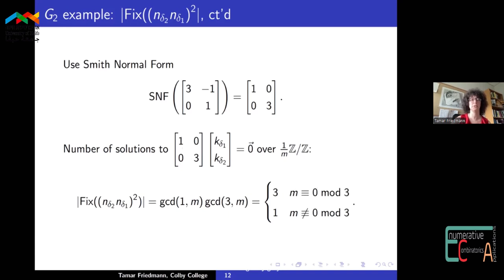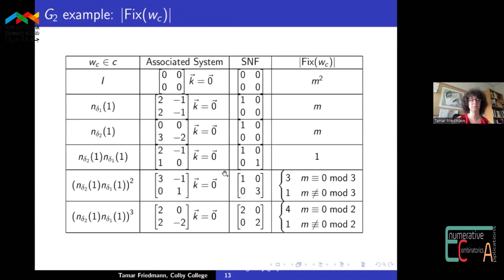So we must do this for every conjugacy class, but there aren't that many conjugacy classes. One of the nice things about this is that for all the Weyl groups, the number of conjugacy classes is not crazy big, while the Weyl group itself could be much bigger. So here's the number of fixed points for every representative of every conjugacy class of the Weyl group.